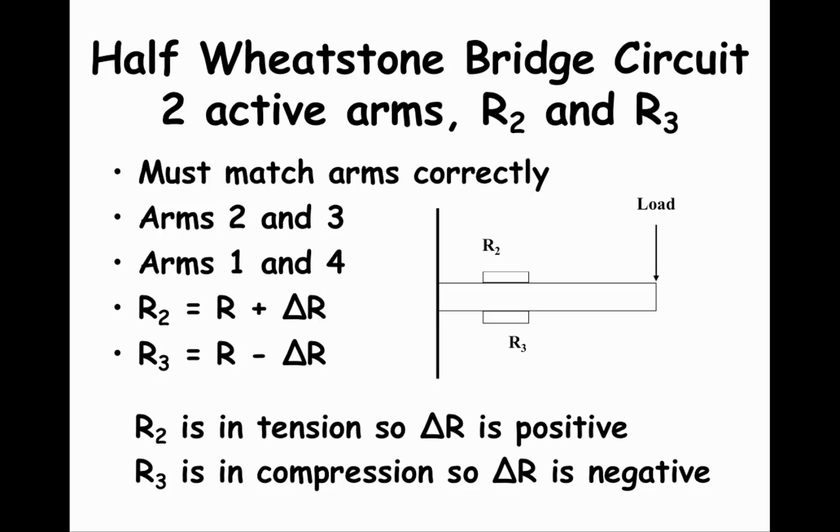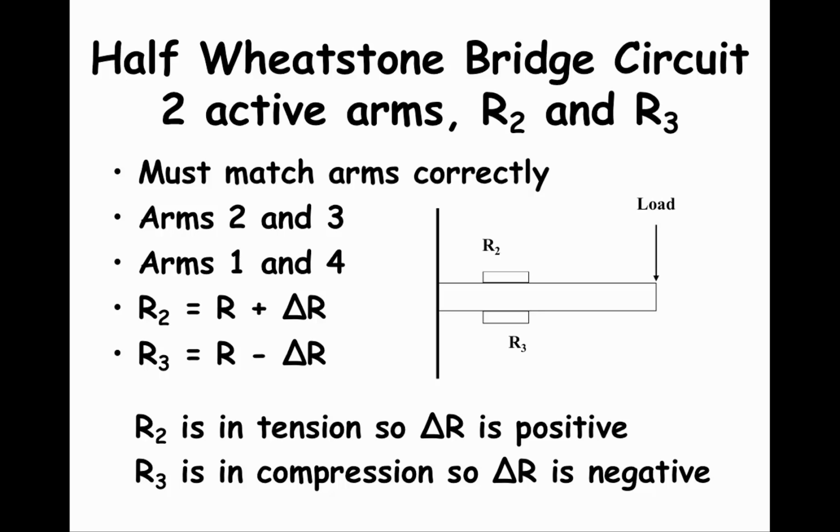This slide shows how 2 strain gauges that are part of a half Wheatstone bridge circuit need to be mounted on a cantilevered beam that has a downward load acting on the end of the beam. Arms 2 and 3 are active and arms 1 and 4 are not active.